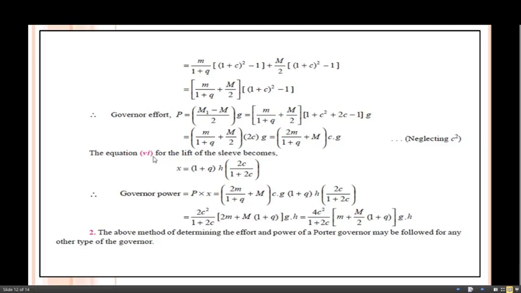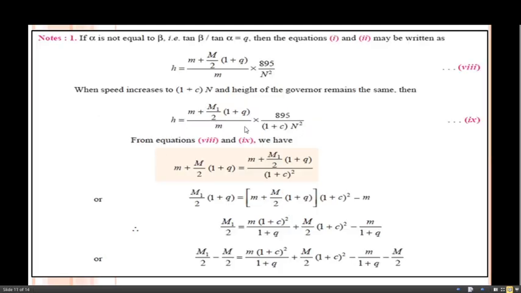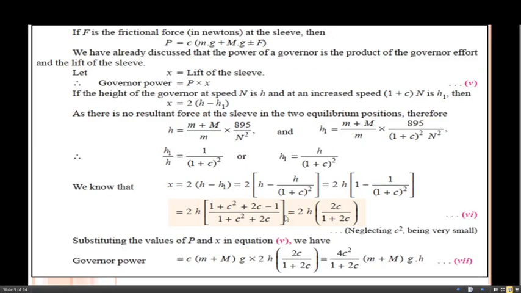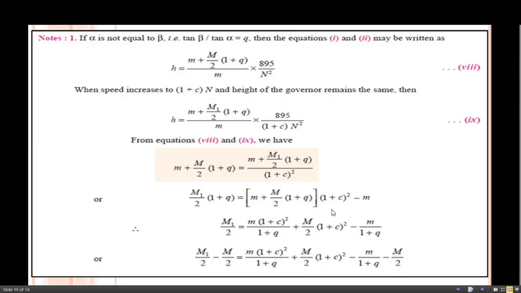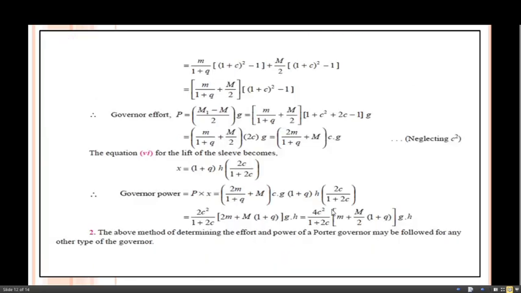So from the previous equation number 6, from this one we can get the value of x like this: 1 plus q into h into 2 divided by 1 plus 2c.